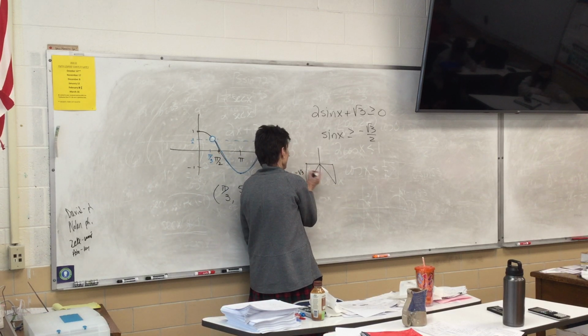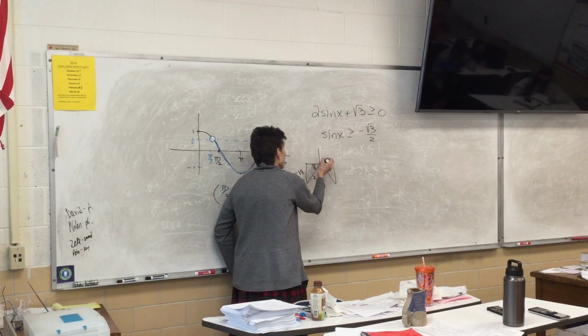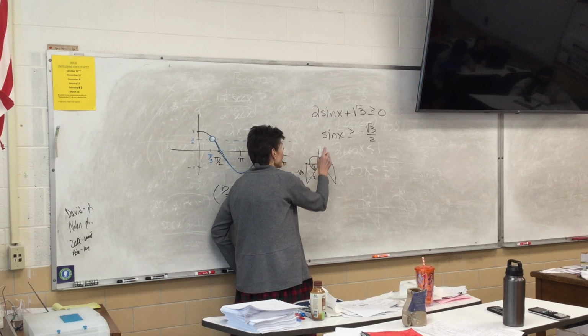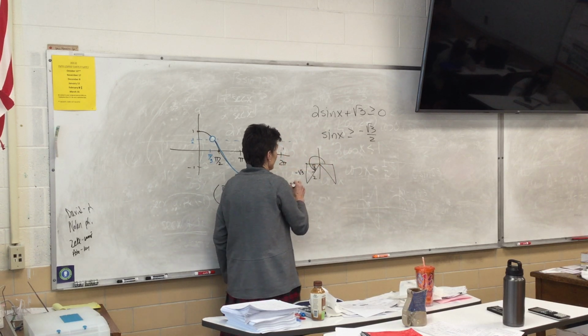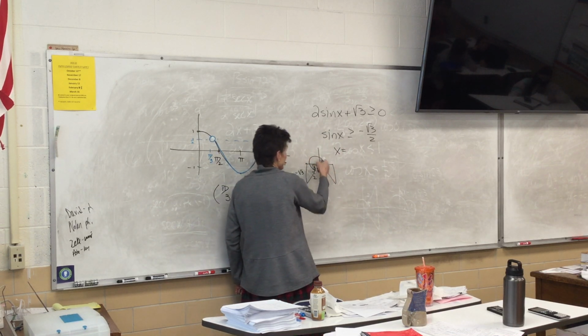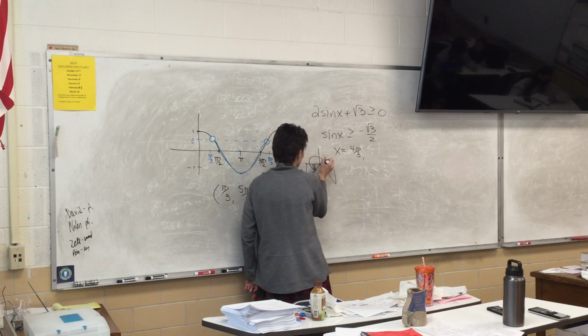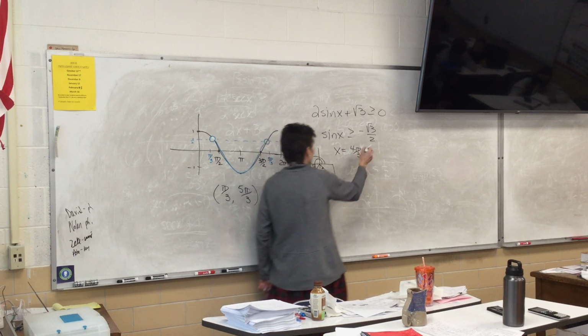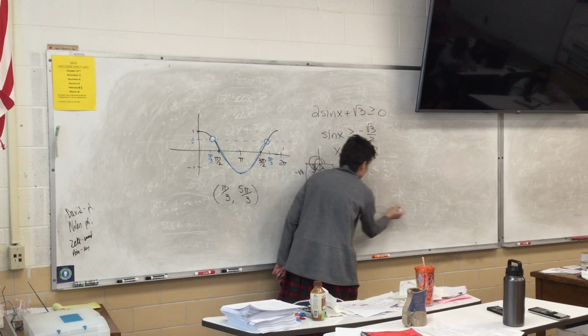Root 3 over 2, that's my pi over 3 again. So what are the angles that have a sine that actually equals negative root 3 over 2? One of them would be 4 pi over 3, and the other one would be 5 pi over 3. Okay, is everybody with me to that point?